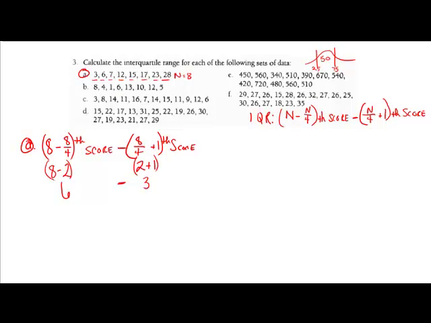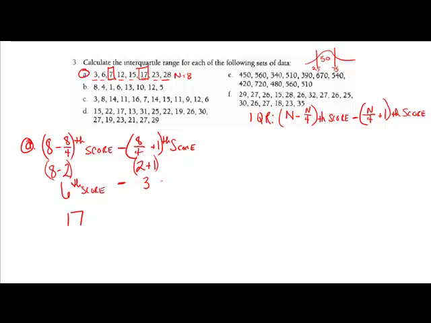the third score. So what I need to do is I actually need to order these. And looking at it real quickly, it's nice that it's actually been ordered for me. So the third score is 7. The sixth score is 17.